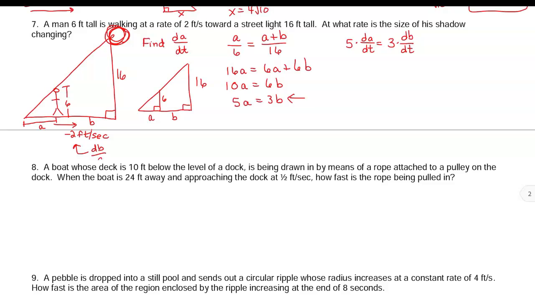This is dB dt because that's how fast he's moving towards the light. So this is 5 times dA dt equals 3 times -2. Solving for dA dt, I get -6/5 feet per second, or -1.2 feet per second.